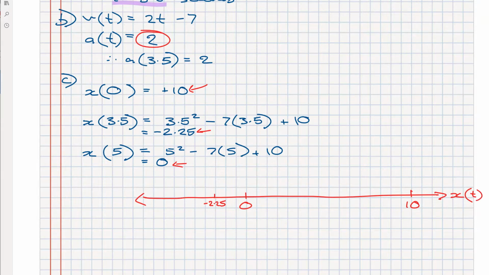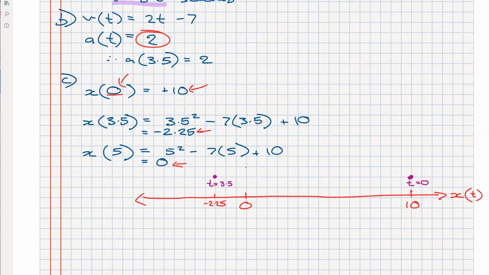Alright, awesome. Now at t equals 0 seconds, we're at 10 meters from the origin to the right. I'll use a different color, let's go purple. We are at t equals 0 seconds. Then at t equals 3.5 seconds, we're all the way over here.